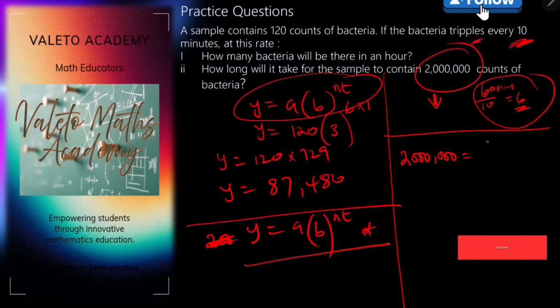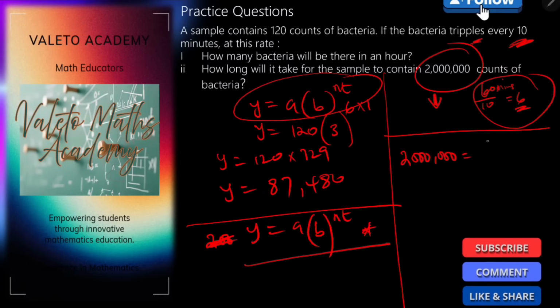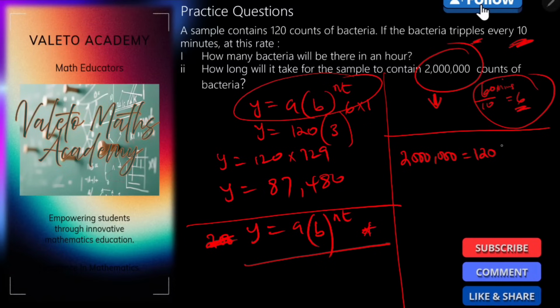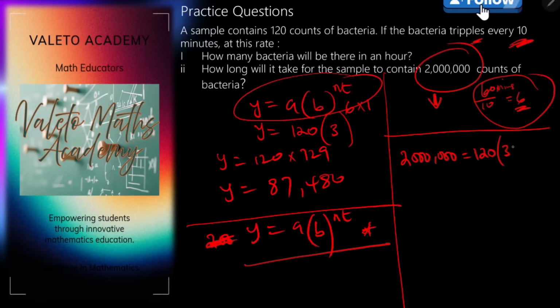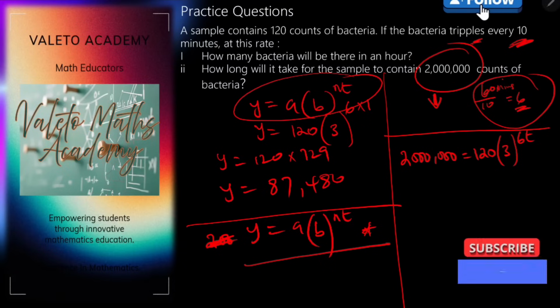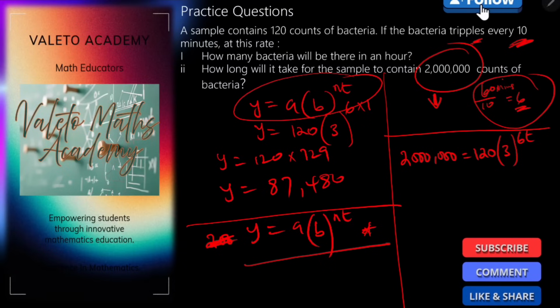A, what's the value for A now? 120, multiplied by B, which is 3, raised to power what? 6, multiplied by t. We don't know how many hours, so that's what we're looking for. So this is what it is. So what can we do here?